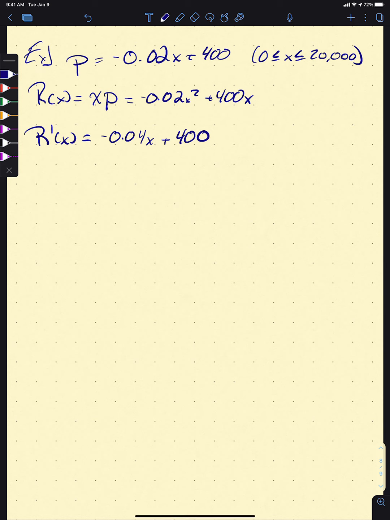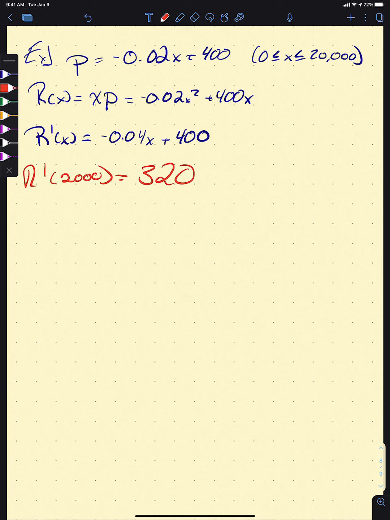Then if we were to choose some value, calculating R prime of 2,000, that's going to be negative 0.04 times 2,000 plus 400. It's going to come up to 320.